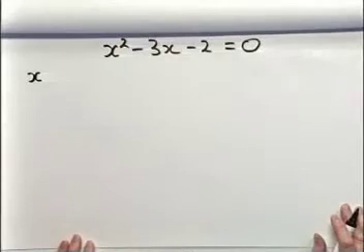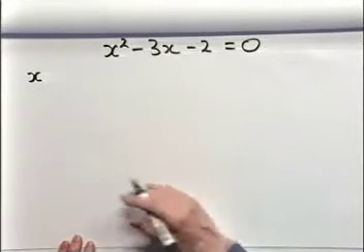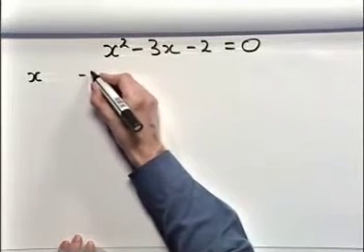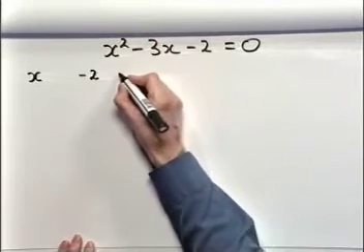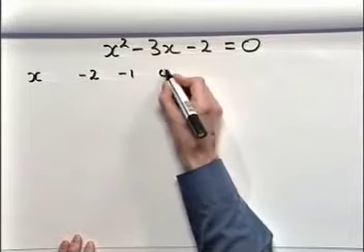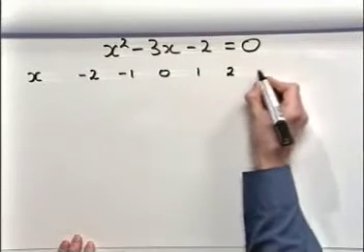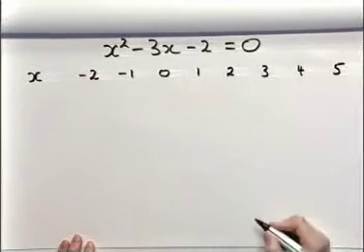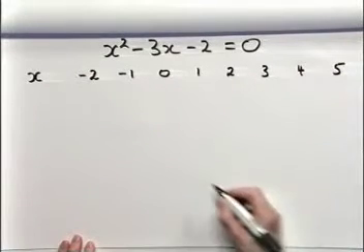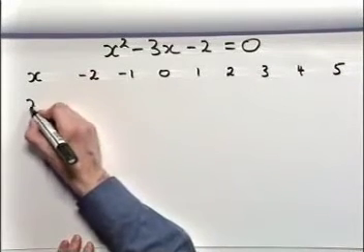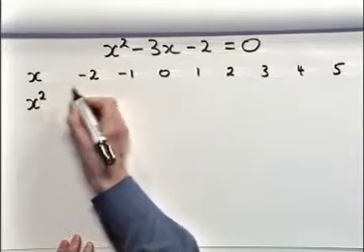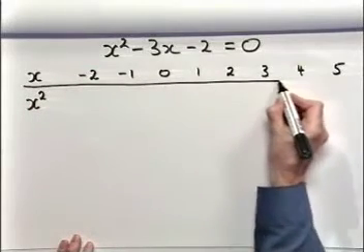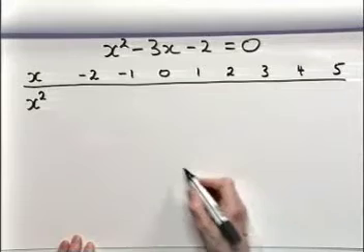So, the range of values that I'm going to take is going from minus 2 in unit steps. I'm going to go up to 5. I'm going to calculate each term in turn. So let's just rule those off out of the way.